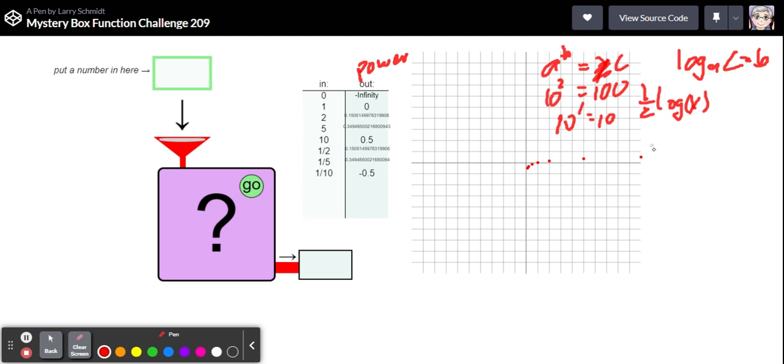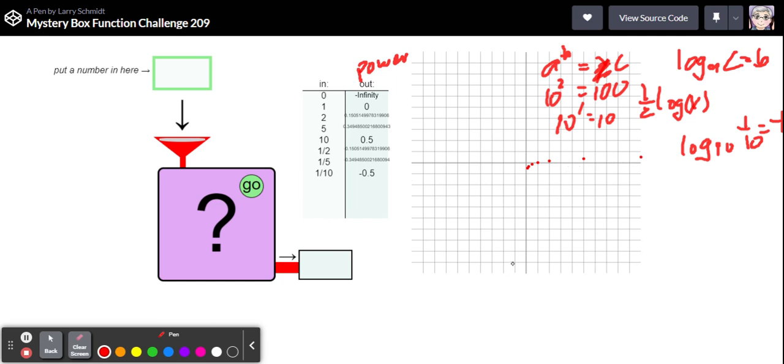When we take the log base 10 of 1/10, we ask what power we raise 10 to get 1/10, and that would be negative 1, and we got negative 0.5. So it looks like maybe we're multiplying by 1/2, and it looks squished, so I think multiplier.